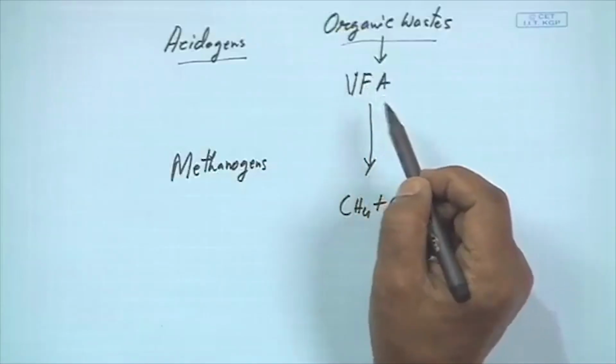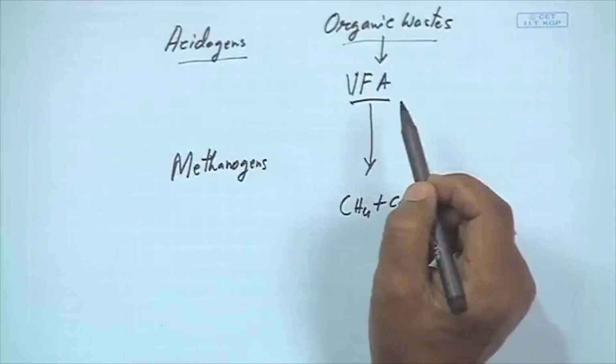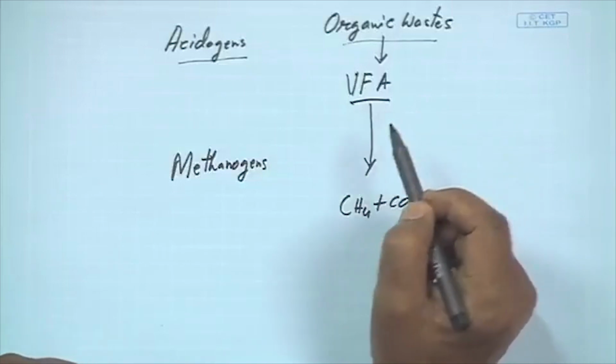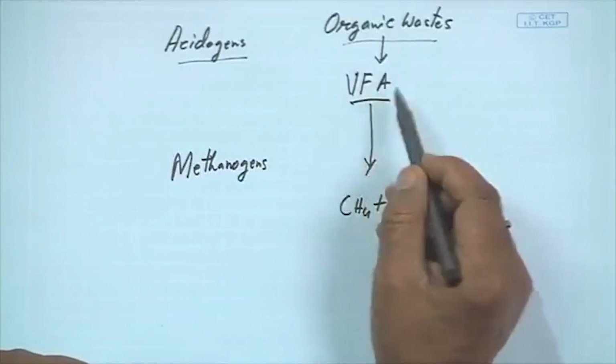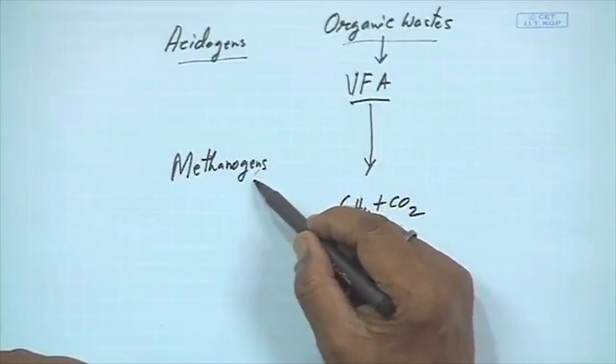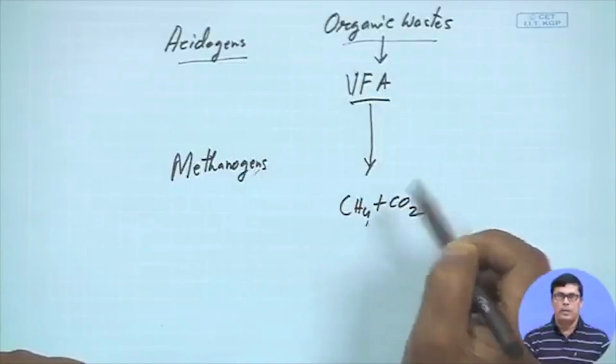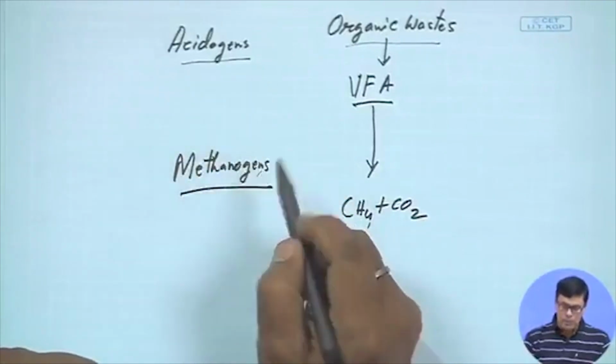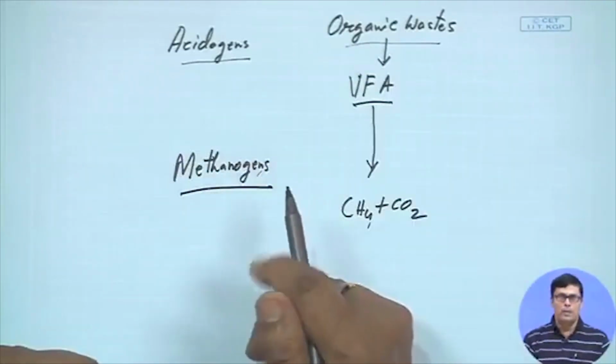Finally it produces volatile fatty acids like acetic acid, butyric acid, propionic acid. These acids are utilized by the methanogens to convert to methane and carbon dioxide. So the characteristics of those two differ with respect to the substrate they use.